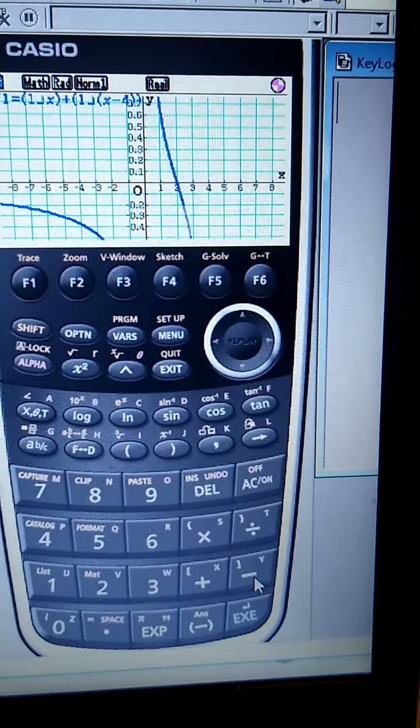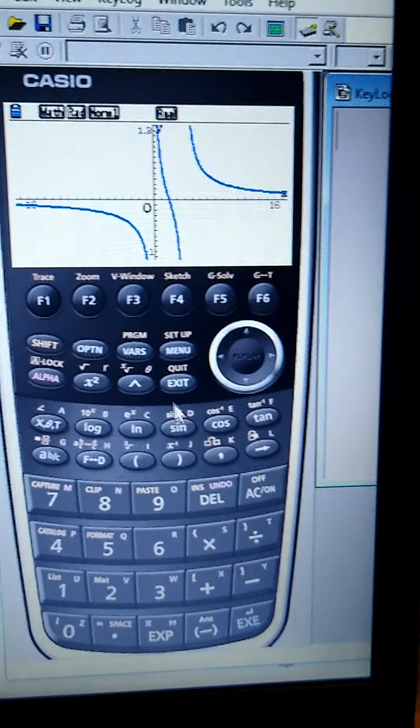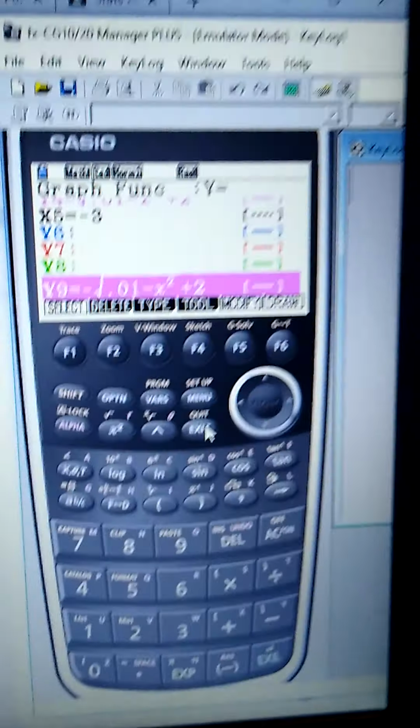And obviously we're going to need to zoom out a little bit. Alright, good. Let's make sure we have everything turned on right. It's changed my window. I think we're going to need to change the window up here. Oh, we can just zoom up a little bit here. And there we go.